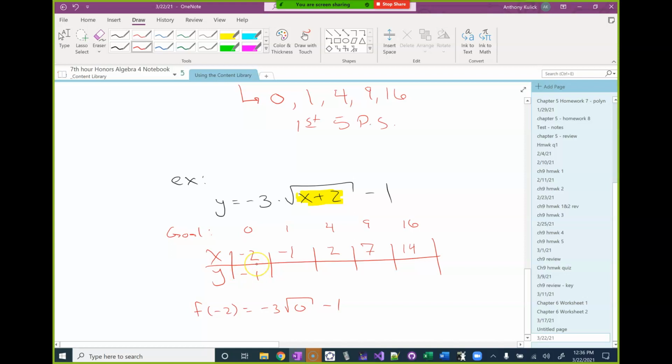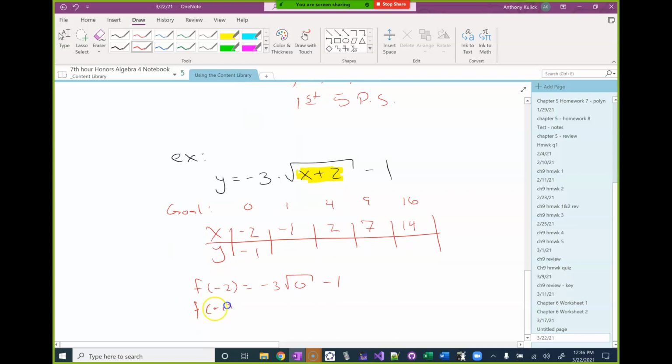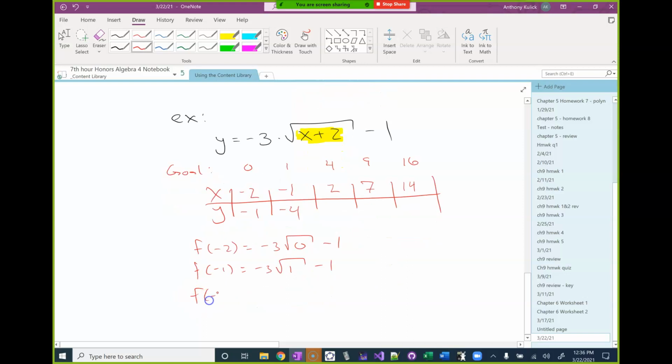When I plug -1 in, I just get -3 times 1, or square root 1, minus 1. It's -4. And when I plug in 2, I get -7.